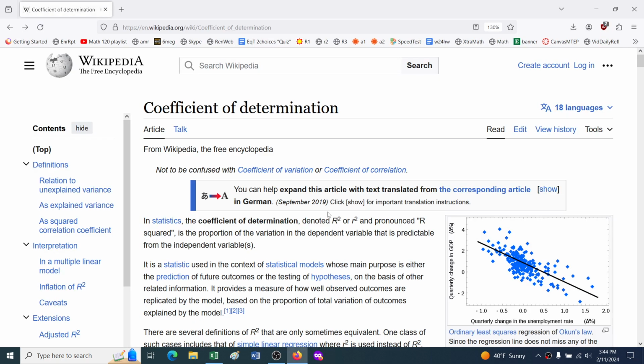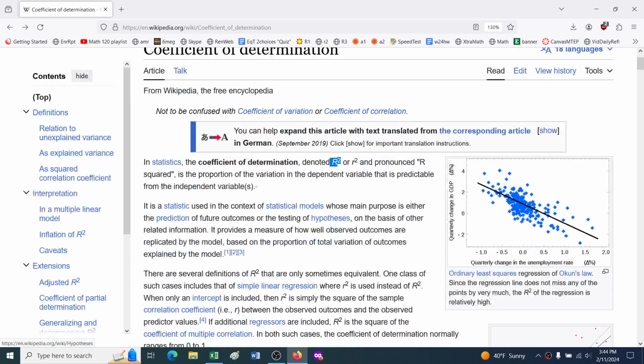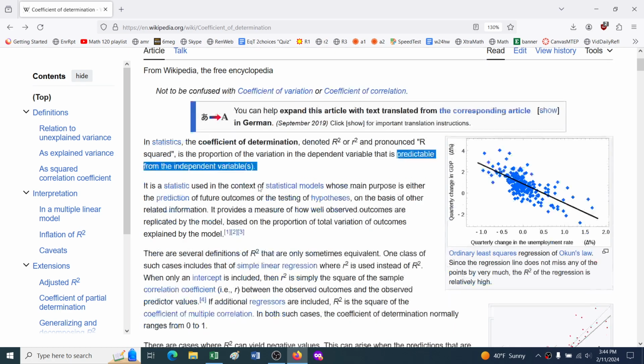That's also called the coefficient of determination, r squared, and it's saying what proportion of the variation, actually the variance or the squared standard deviation in the y variable is predictable from the x variables.